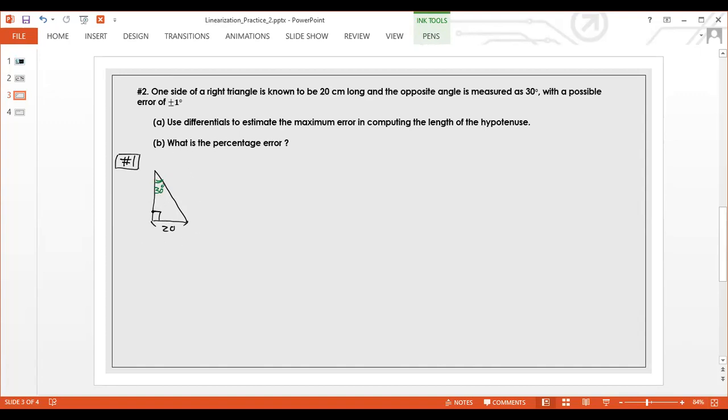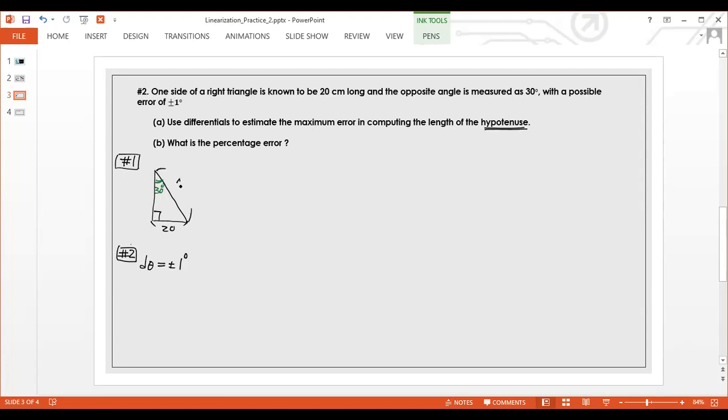If I call this theta, let's see what things we know and what things we don't know. I know d theta: the maximum error is plus or minus 1 degree, which means I can go 31 or 29. And I want to find the maximum error you could have in the hypotenuse.